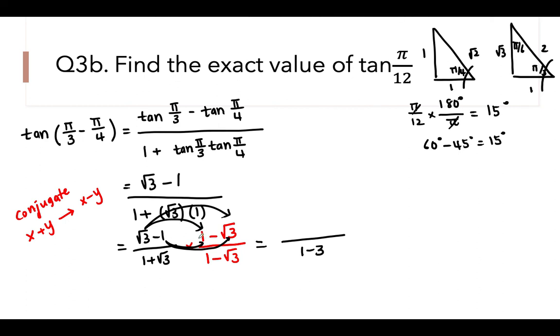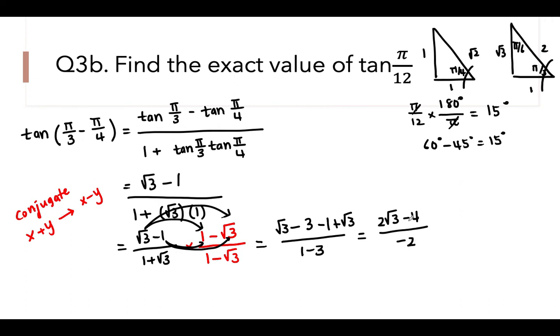So square root 3 times 1 is square root 3, minus 3, minus 1 times 1, 1, and negative negative becomes positive square root 3. So I'm just going to go sideways. So let's collect the like terms. So that we have 2 of square root 3, so 2 square root 3 minus 4 over minus 2.